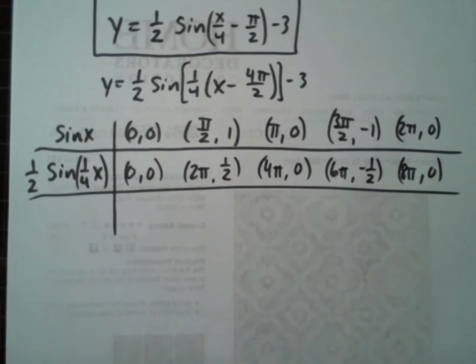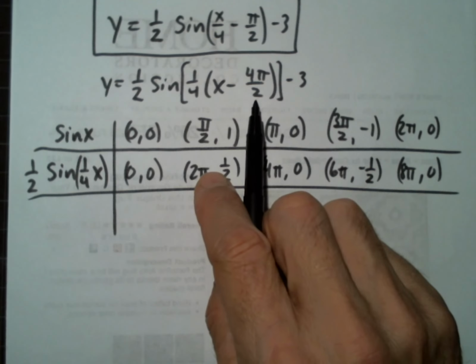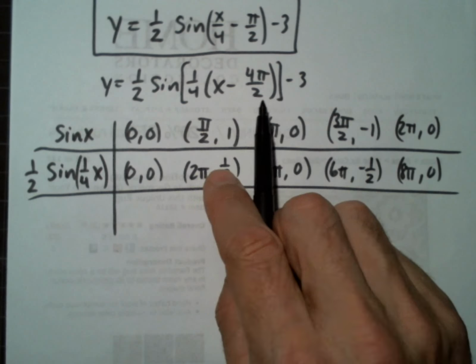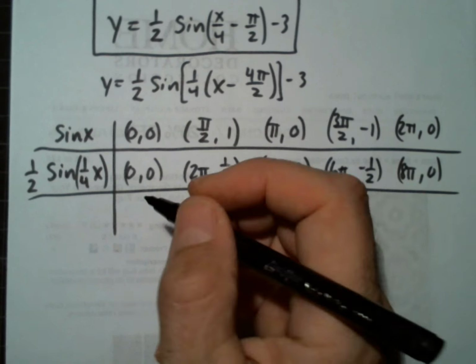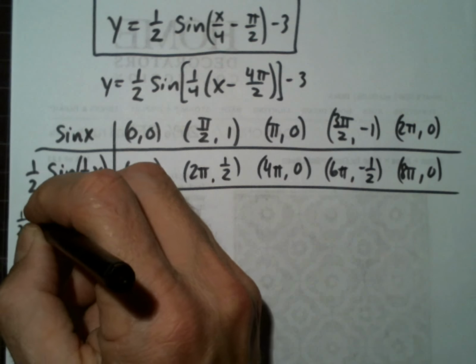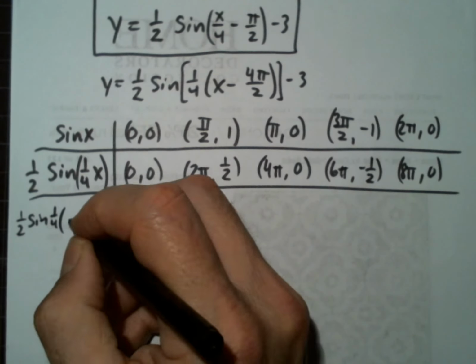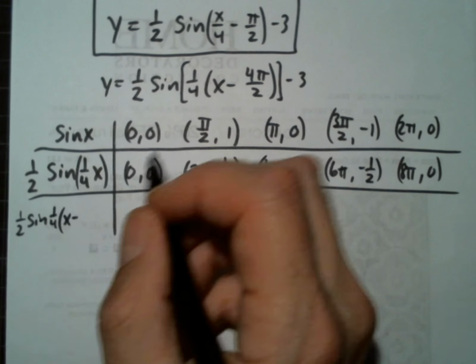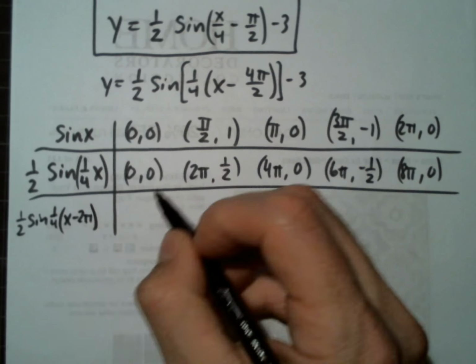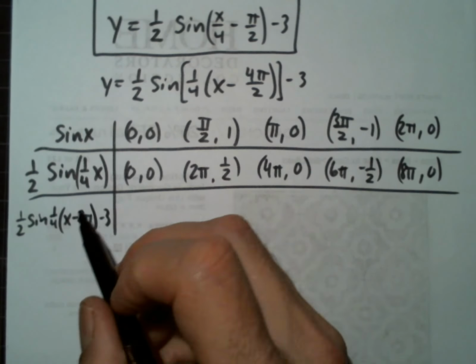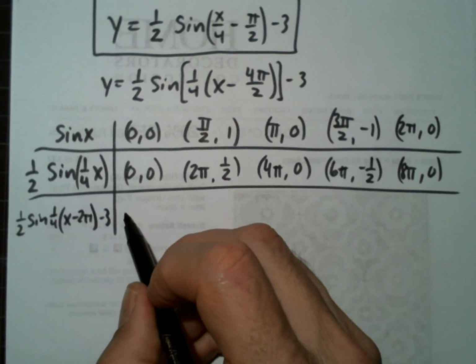Alright, and then we will add 2 pi to the x values and subtract 3 from the y values. This is 2 pi. So let's add 2 pi to the x values.